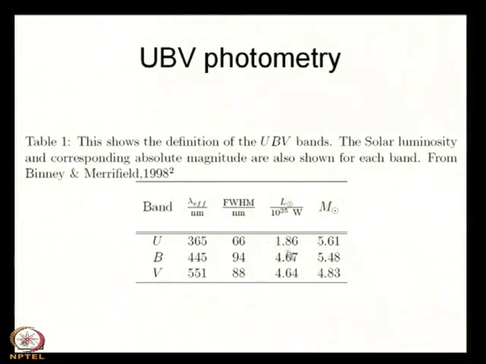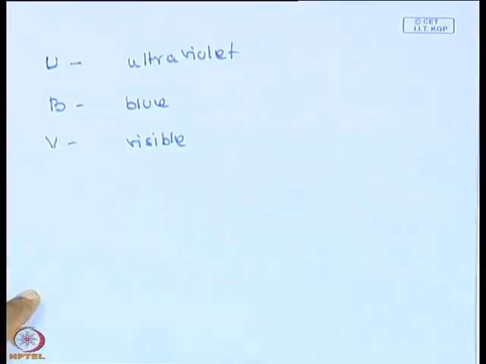This tells you the solar luminosity in the blue band, and this tells you the solar luminosity in the visual band. This is in units of 10 to the power 25 watts. Okay, this column I shall come to later. So this is a very classic photometric scheme, the UBV photometry.